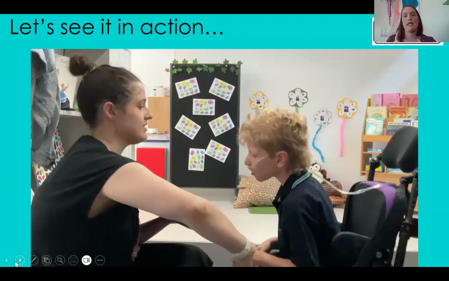He needs one-to-one support. He's got the big blocks. He's got the numbers on Velcroed, laminated cards to show what he knows. So that's his voice to tell us. And you'll be able to see concrete working really well here.